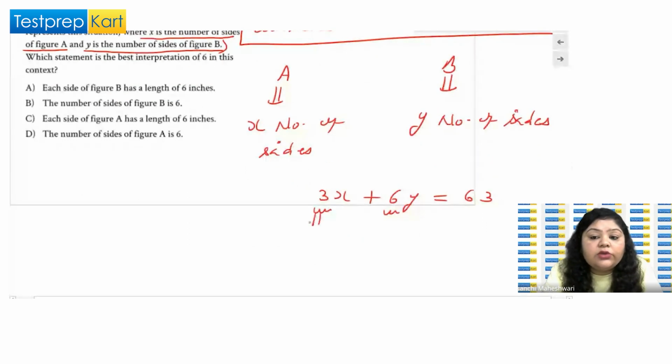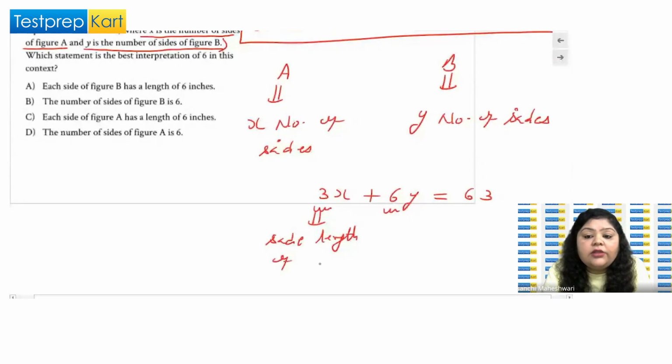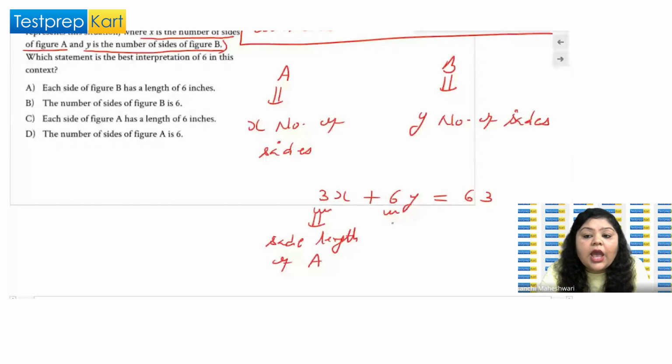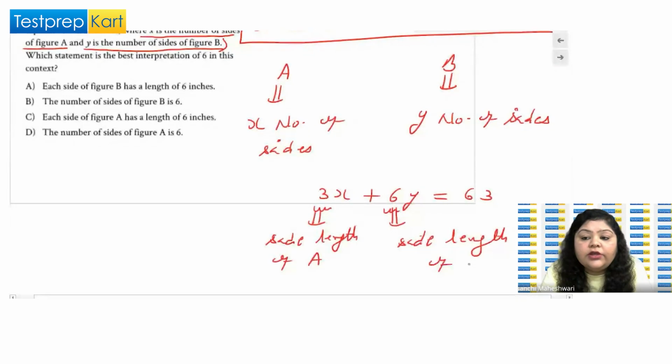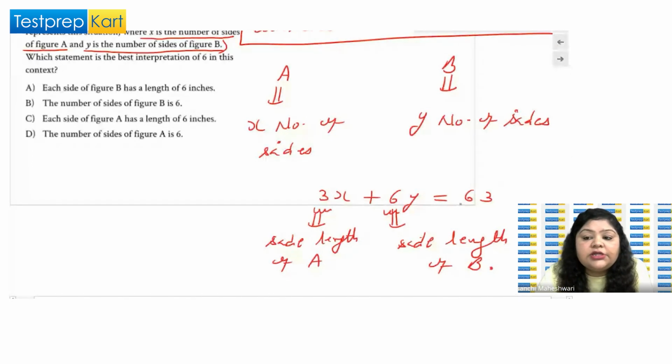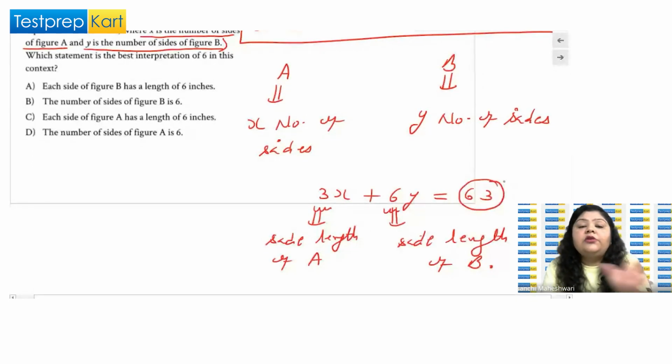So definitely I can say that 3 represents, let me put down the arrow here, the side length of figure A, and the 6 represents the side length of our figure B. That's what has to be the conclusion. The 63 obviously represents the sum of the perimeter of both the figures.